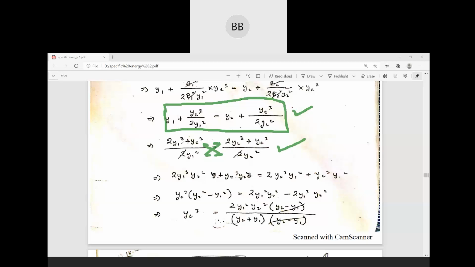We are multiplying this part with this, so twice y1 cube is there, then y2 square, then plus yc cube multiplied by y2 square, is equal to, multiplying this with this expression, twice y2 cube multiplied by y1 square plus yc cube multiplied by y1 square.